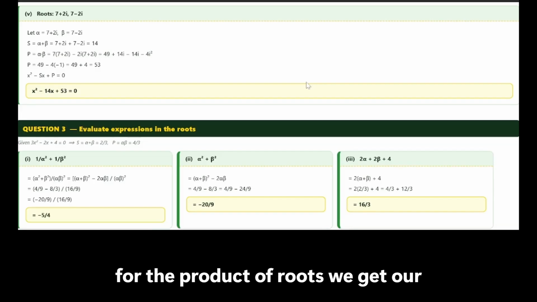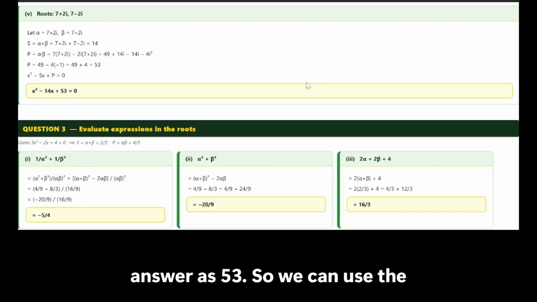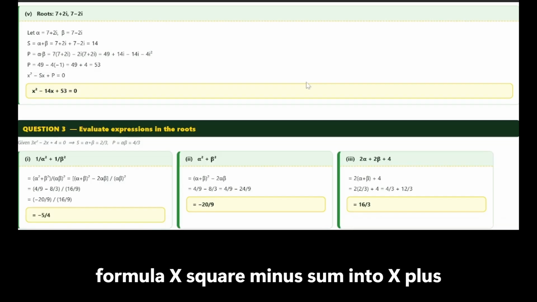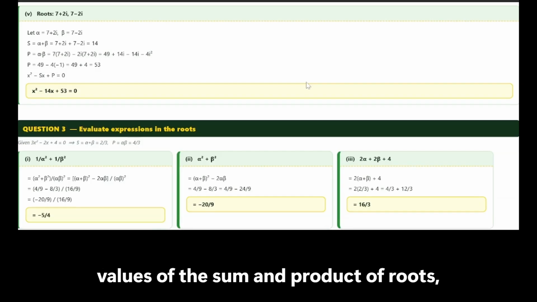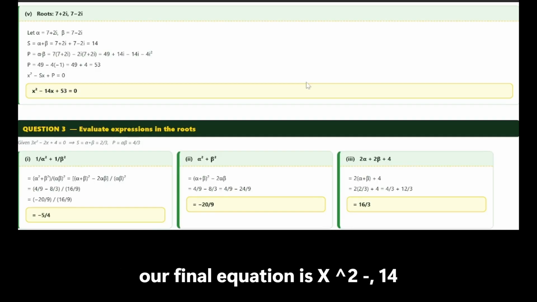For the product of roots, we get our answer as 53. So we can use the formula x squared minus sum into x plus product is equal to 0. Placing our values of the sum and product of roots, our final equation is x squared minus 14x plus 53 is equal to 0.